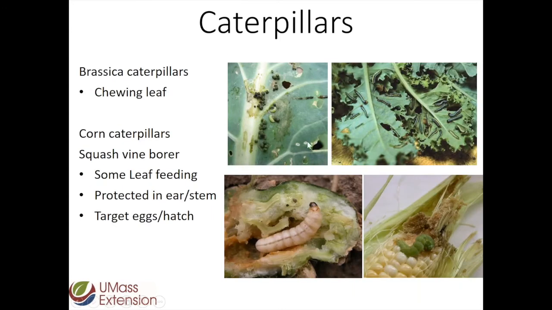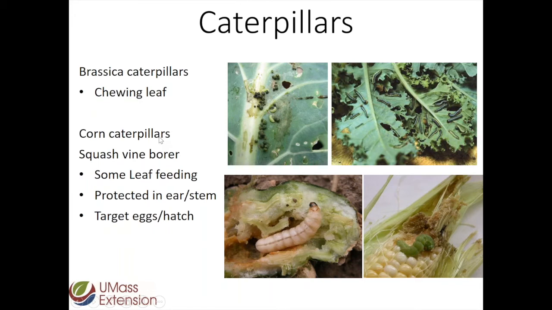So the next group of pests that we could think about are caterpillars, and there's a bunch of caterpillars that affect brassicas. There's 4 that we have, and they're really hanging out on the leaves, chewing, and also pooping and making a big mess.